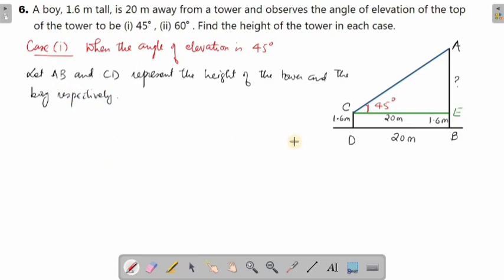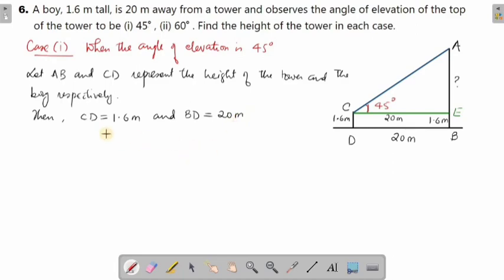Then CD will be equal to 1.6 meter. And what is the other thing that is given to us? BD, that is the distance between the tower and the boy, is given to be 20 meter.